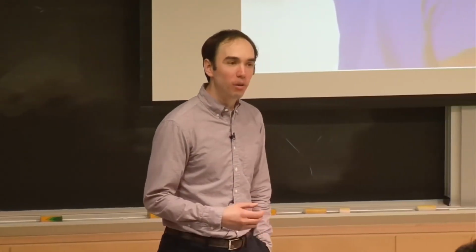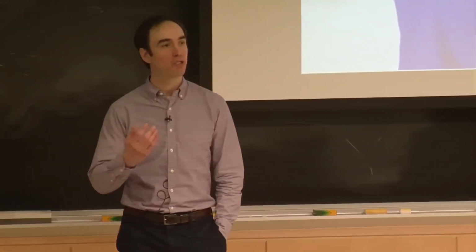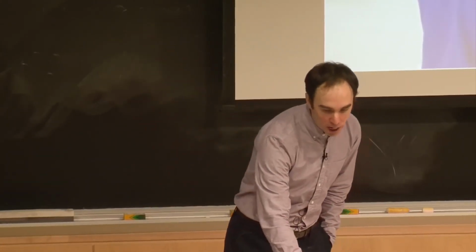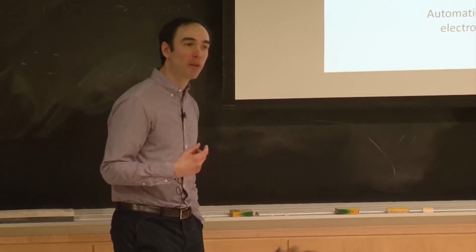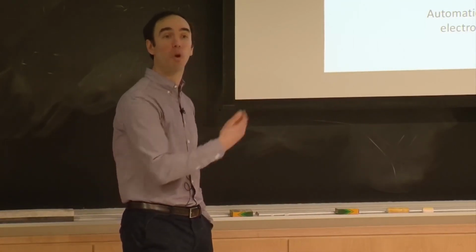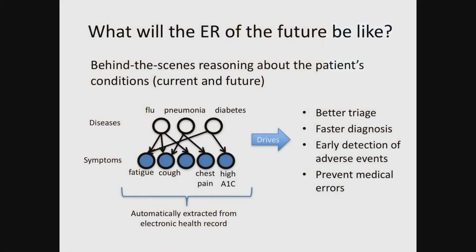So this is one example of a setting where algorithms that are running behind the scenes could potentially really help with some of the challenges I mentioned earlier. So for example, one could imagine an algorithm which builds on techniques like what I mentioned to you for Internist 1 or Quick Medical Reference, try to reason about what's going on with the patient based on the data that's available for the patient, the symptoms.